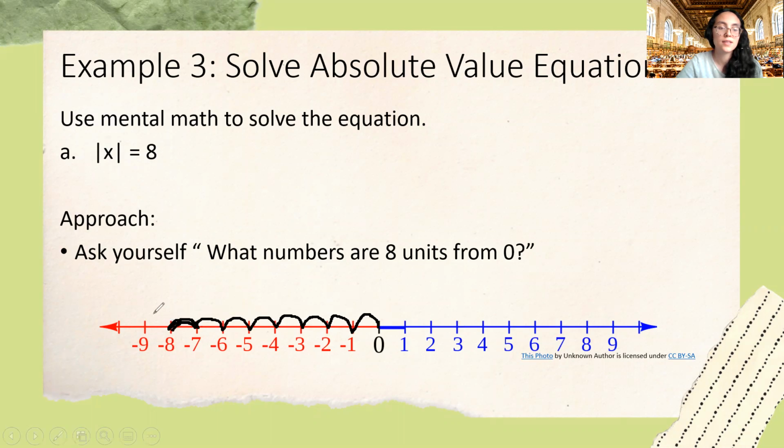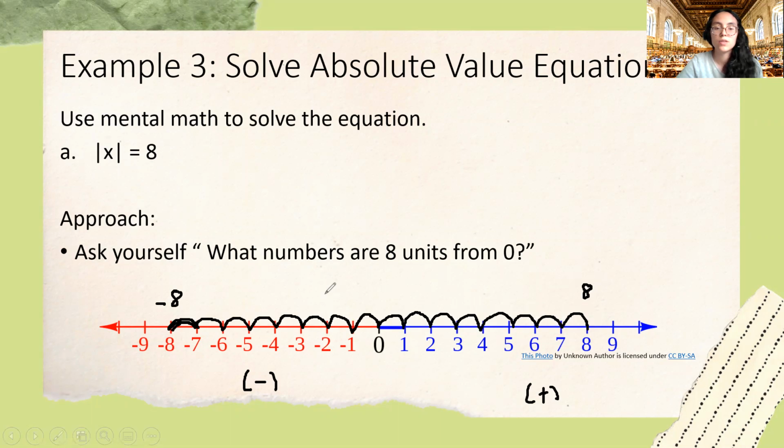So negative 8 is 8 units away from 0 to the left, and to the right, because remember we have a left side, this negative side, and a positive side to the number line. And so then on the right side of 0, we would count 8 units to the right. So 1, 2, 3, 4, 5, 6, 7, 8.